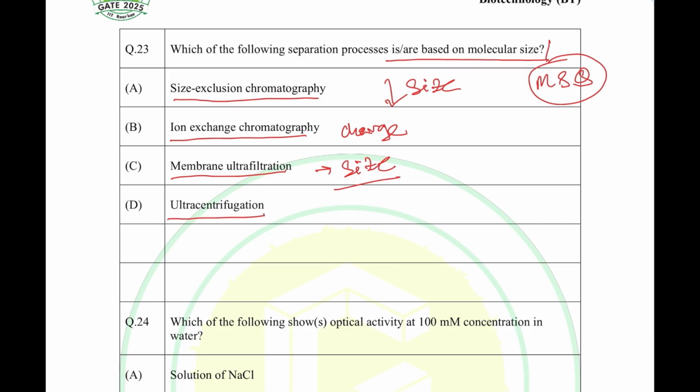And ultracentrifugation separates based on size, shape, density, all these things included, not purely on molecular size. For macromolecules like protein, sedimentation depends on both the size and density. So this one is partially correct. We can say this is also based on the molecular size. So here we are getting A, C, and D as the correct answer.